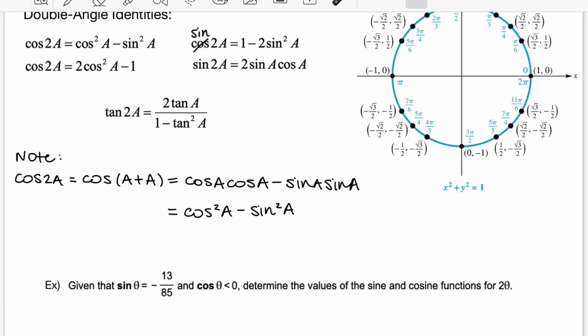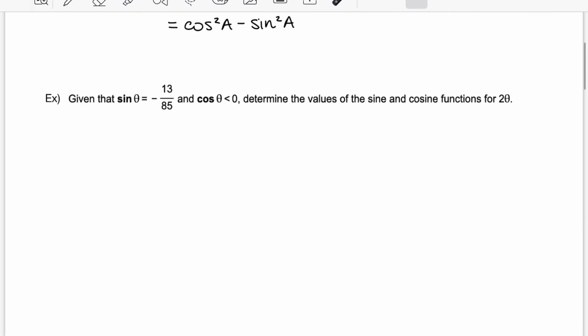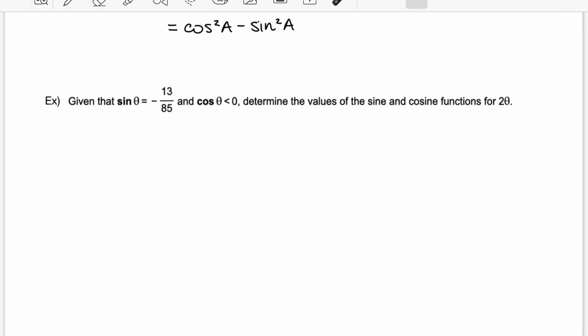And in this case, we're looking at angle theta versus angle A, but same idea. So what we'll do here is we'll use one of the Pythagorean identities to find cosine theta. So we'll use the fact that sine squared theta plus cosine squared theta is equal to 1. Now we'll plug in what we know for sine theta.